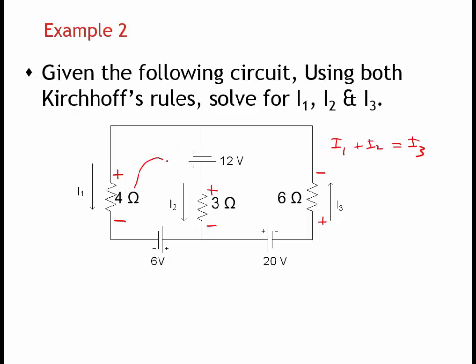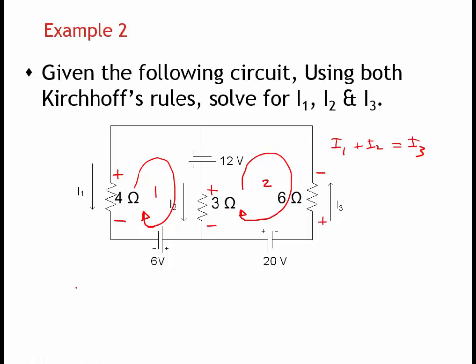Okay, now if we go around the loop and add all the voltages, it doesn't matter if we go clockwise or counterclockwise, but we have to be consistent in every loop, right? So if we call this loop number 1 and loop number 2, here we're starting at the negative potential, going from low potential to high potential.